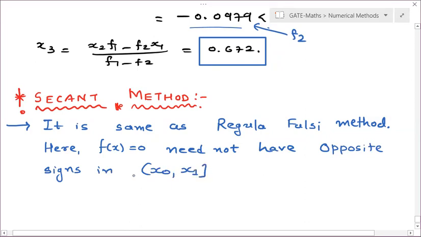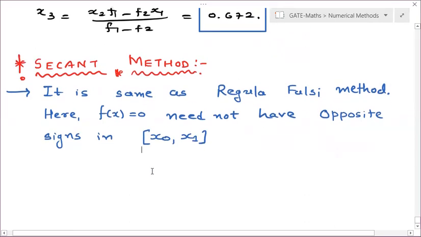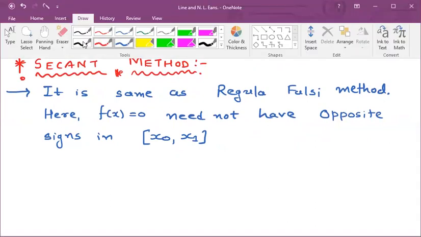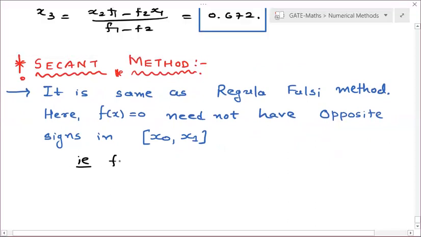So it is not necessary that your function has opposite signs. If it has the same sign, then also you can move forward, right? That is, its meaning is your f of x0 into f of x1 can be positive or negative, greater than 0 or less than 0, no issue.